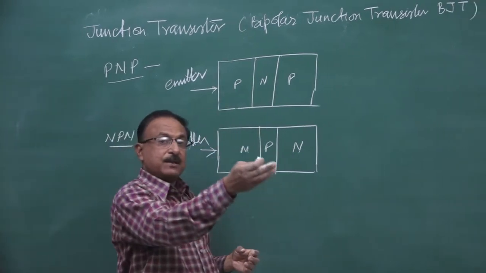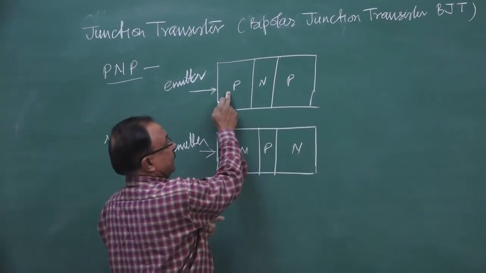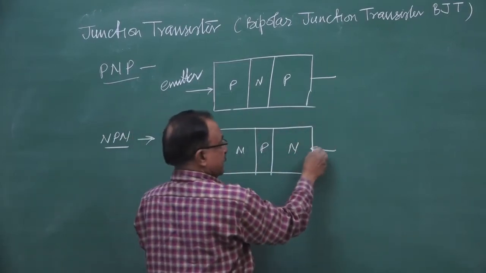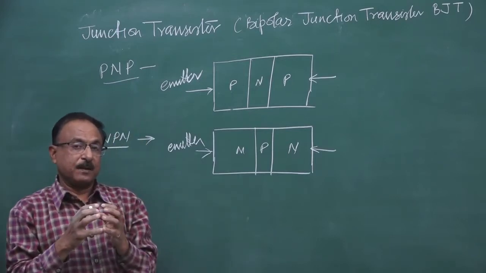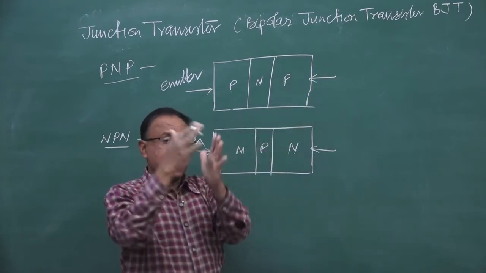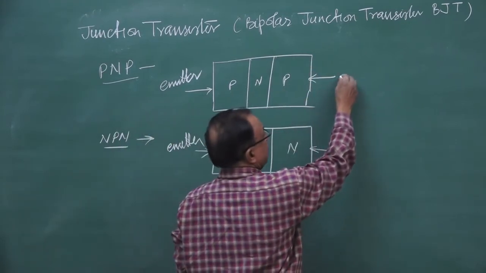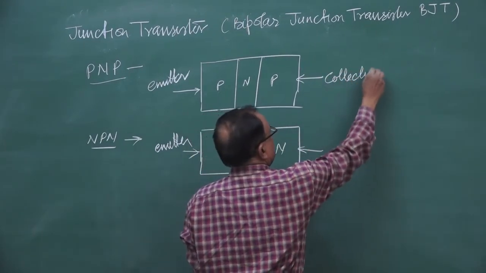Another similar region at the other end, like P this side, P other side, N this side, N other side. This region is lightly doped, or moderately doped, and has got the large area. Surface area is large. It acts as a collector of the charge. So we call this collector.